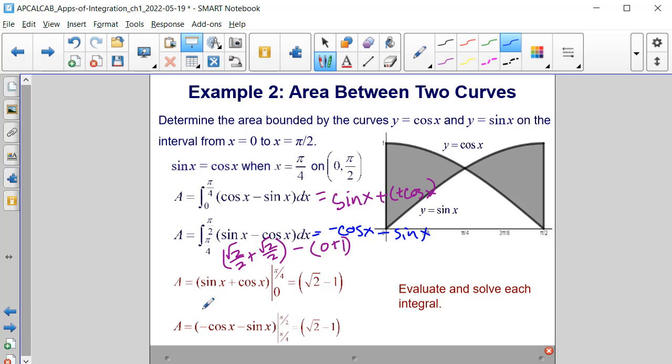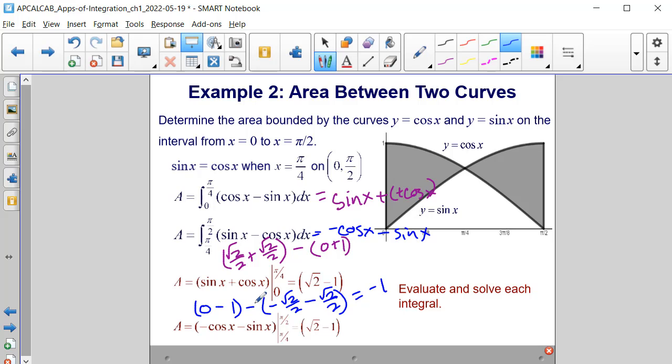The cosine of pi over 2 is 0 minus the sine of pi over 2, which is 1. And then we're going to subtract from that the negative cosine of pi over 4. So that's going to be negative square root of 2 over 2. And then minus the sine of pi over 4, which is also square root of 2 over 2. So we have a minus 1.